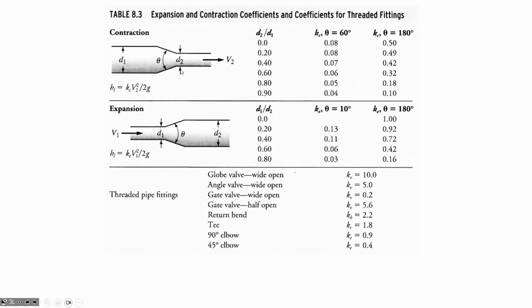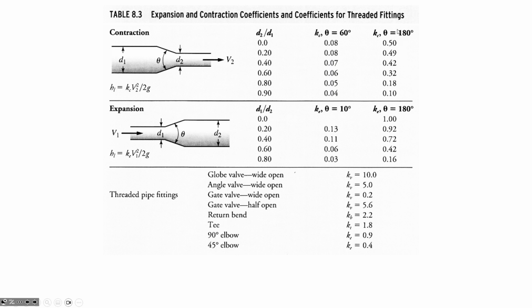And so, for example, if the outgoing pipe is 20% of the diameter of the incoming pipe, that's what 0.2 means. So 0.2 would be the case if you have a much smaller outgoing pipe diameter compared to the incoming pipe diameter. You've got a larger K value.